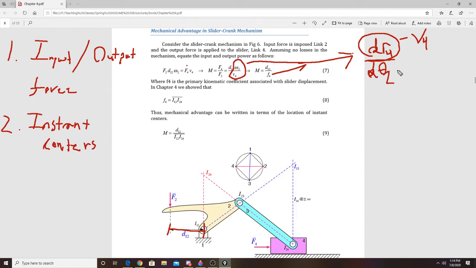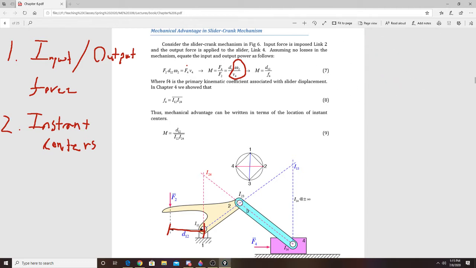It is omega 2, the angular velocity of 2. So how we were able to replace it is that it's the inverse, just like the last one, 1 over F4, because these are reversed. Omega 2 is on the top and V4 is on the bottom. So we were able to replace it with 1 over F4. So that is where this part comes from. That's why an F4 is on the bottom there.